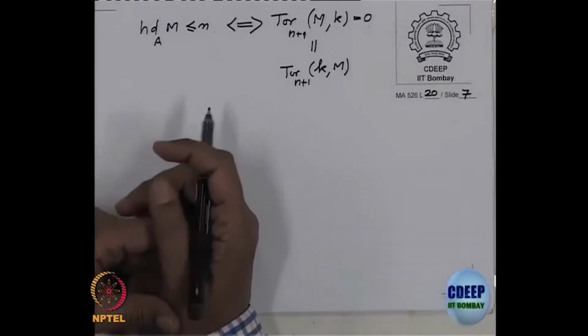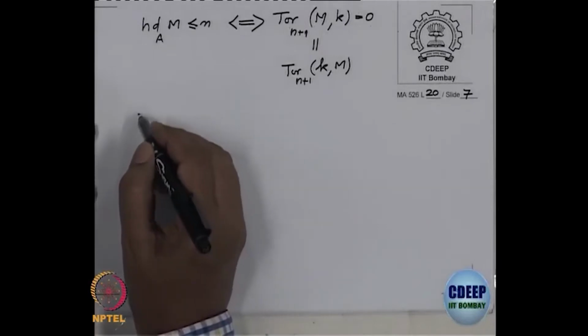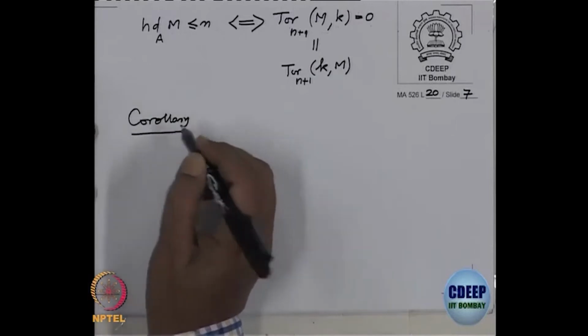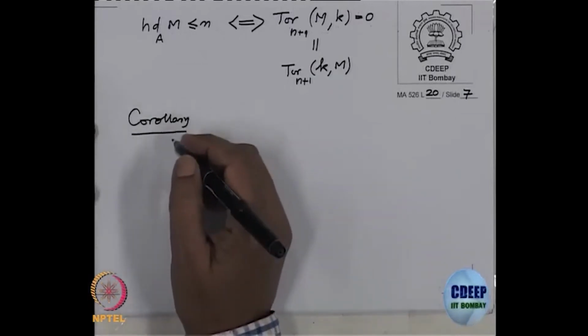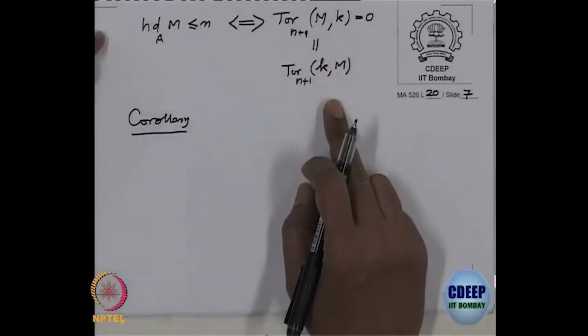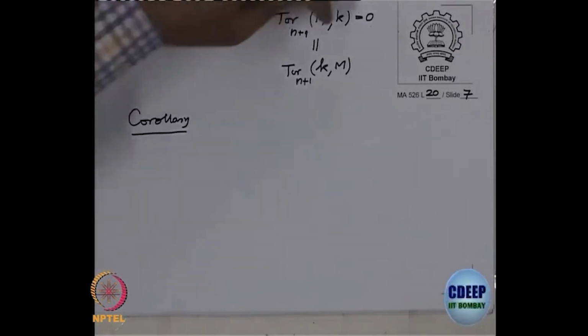Alright, so one important corollary I want to note is, in the earlier proposition we have proved that the homological dimension is less than or equal to n if and only if Tor_{n+1}(M, k) is 0.